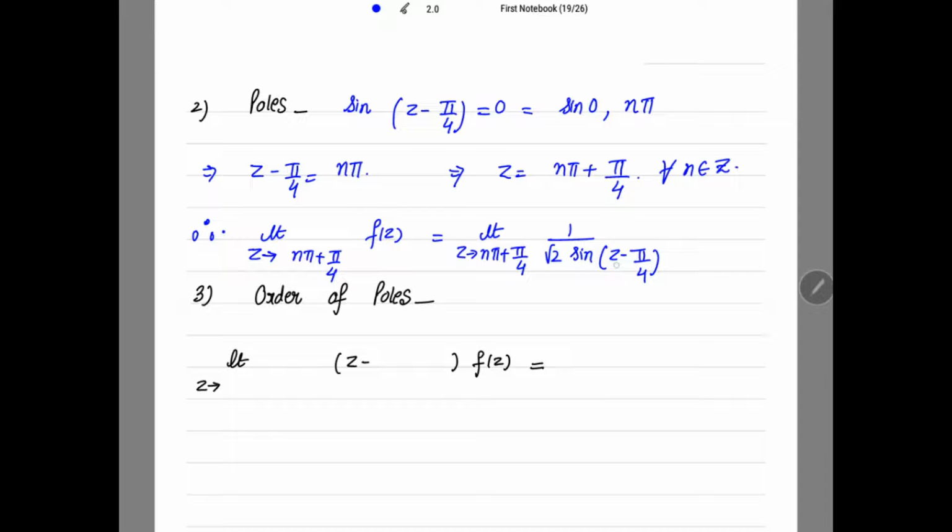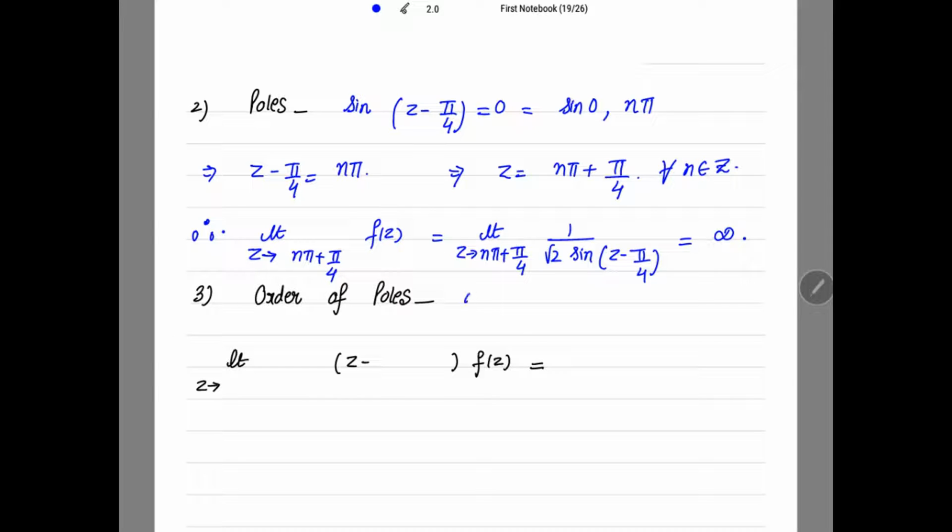Now if you put the value over here for z, I'm getting sine of n pi, and sine of n pi is 0, which means 1 over 0 is infinity. So I'm getting the limit as infinity. So at what point does my limit come out to be infinity? At z equal to n pi plus pi by 4. That means f(z) has poles at the point z equal to n pi plus pi by 4.